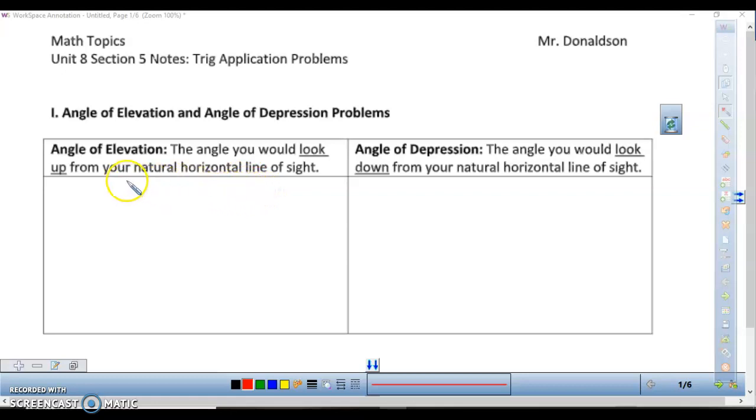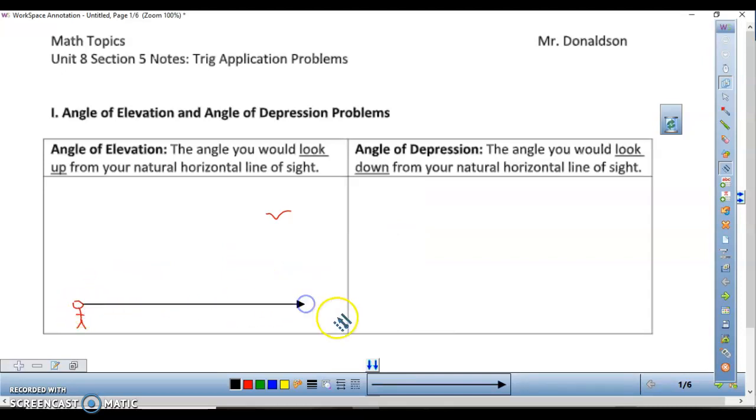So the first thing is a little bit of vocabulary. When you read a problem and it talks about an angle of elevation, it says the angle you would look up from your natural horizontal line of sight. So if I'm standing here, chilling, and there's a bird flying, and I look up to see that bird, first thing we have is my natural horizontal line of sight. I'm just chilling, staring out, and then all of a sudden I look up to see this bird.